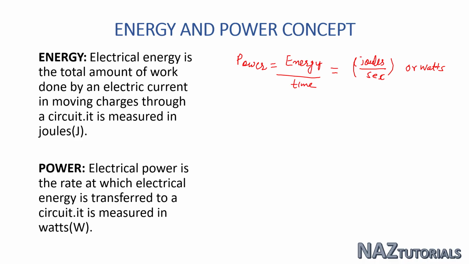So if you define this equation, P is equal to W by T, or you can say E by T. W is the work done.